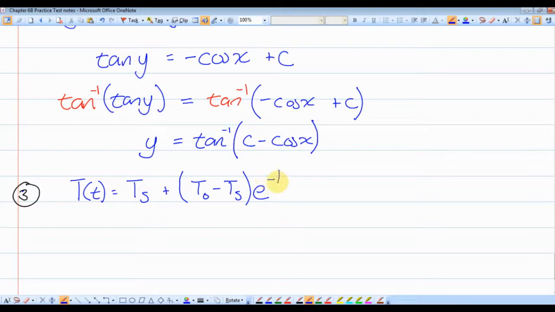Negative kt. Isn't it T minus Ts equals T naught minus Ts times e to the negative kt? That's the same thing as this formula. If I subtract the Ts from both sides, it's the same thing.